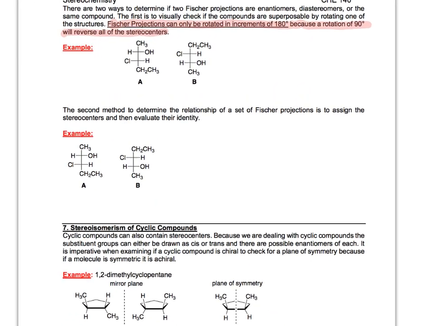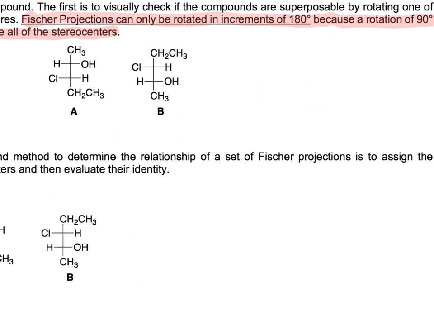So I'm going to zoom in here. So we're going to redraw B. We're going to rotate it 180 degrees. And so when we do that, this is going to be at the bottom, and this is going to be at the top.